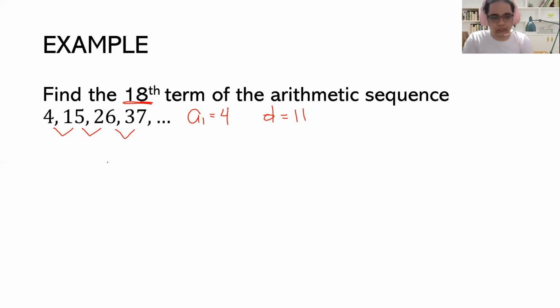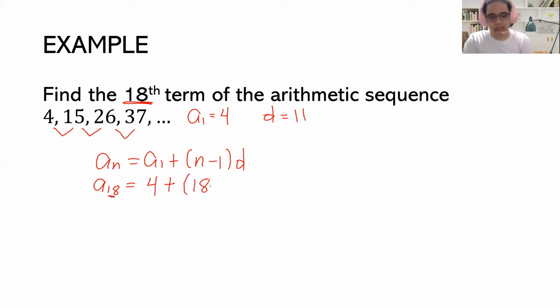Okay, so to get the 18th term, using the formula again, A sub n equals A sub 1 plus n minus 1 times d. So we need to get A sub 18. So that will be 4, yun yung first term, plus, ang n natin dito is 18, minus 1, multiplied by the common difference, which is 11.